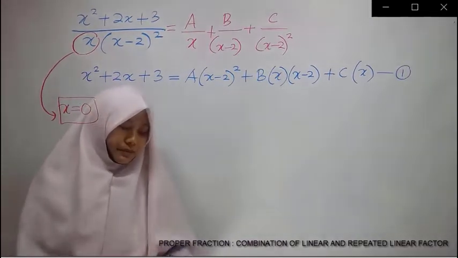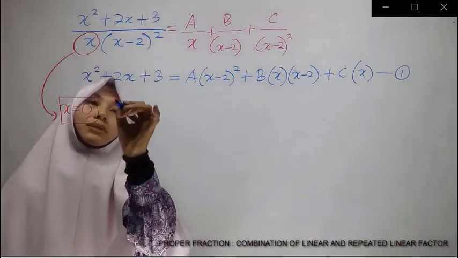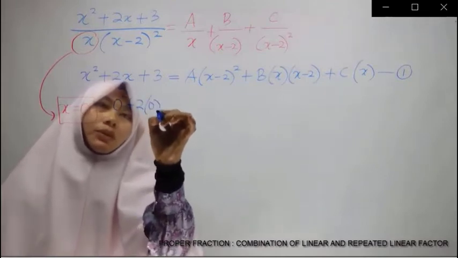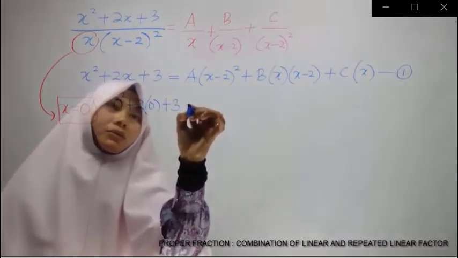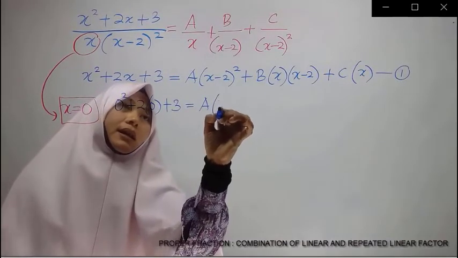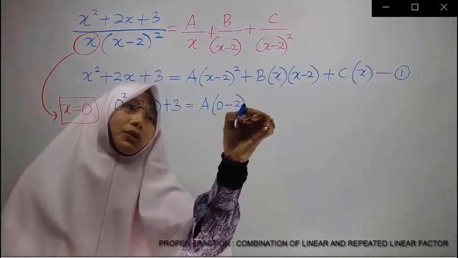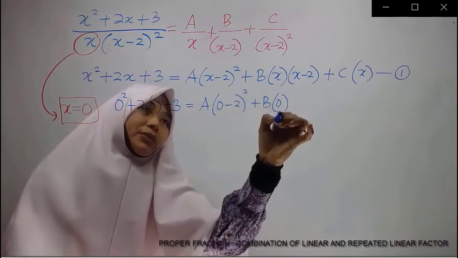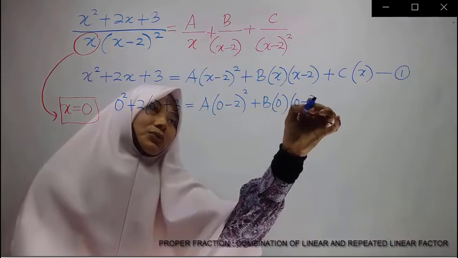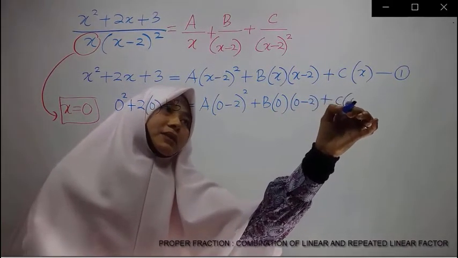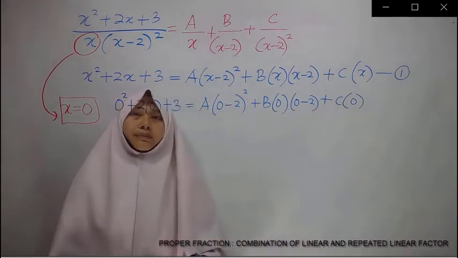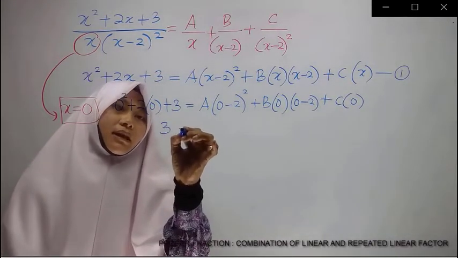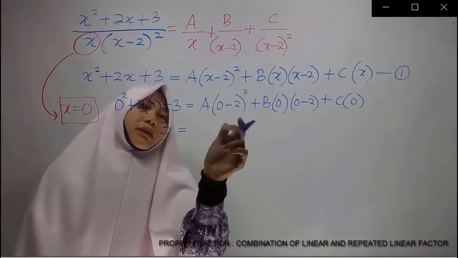So this becomes 0 squared plus 2 times 0 plus 3 equals A times (0 minus 2) squared plus B times 0 times (0 minus 2) plus C times 0. Now this part here becomes 3, and equals, here it will become 4A.